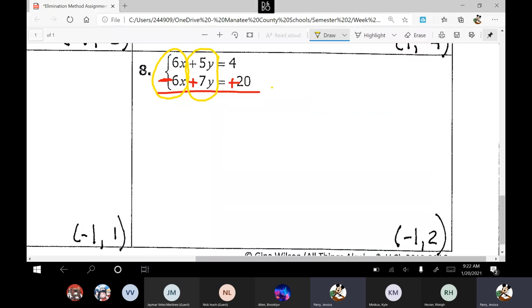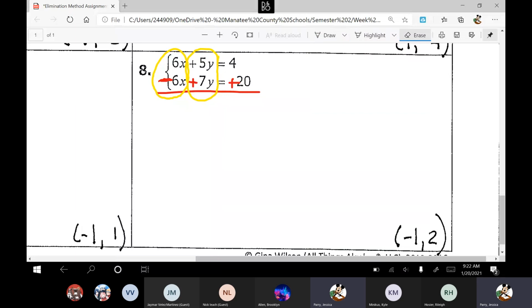Do the x variables have opposites or do the y variables have opposites? And remember, in order for it to be opposite, we need different signs and the same number.